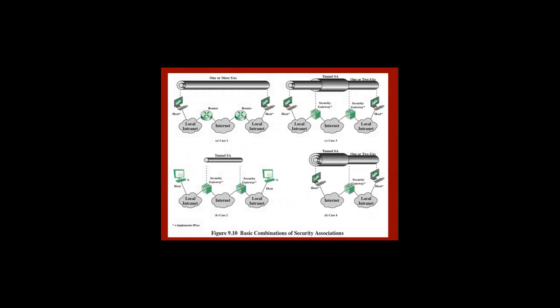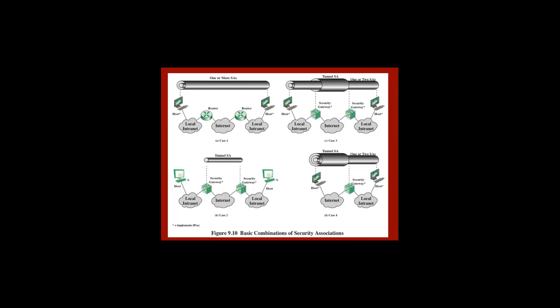So here we have a figure, basic combinations of security associations. The IPsec architecture document lists 4 examples of combinations of SAs that must be supported by compliant IPsec hosts. For example, workstations or servers or gateways. And these are illustrated in this figure.